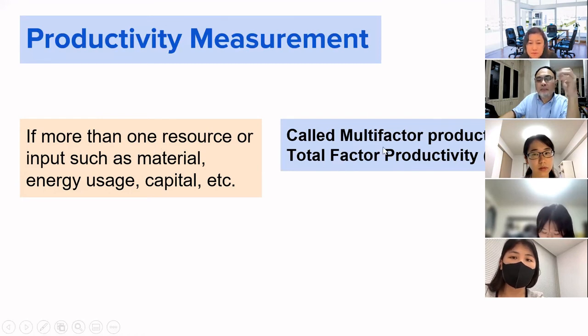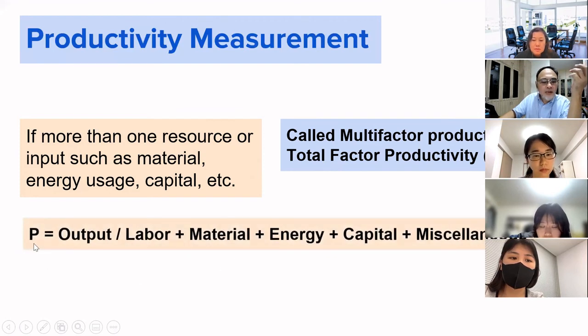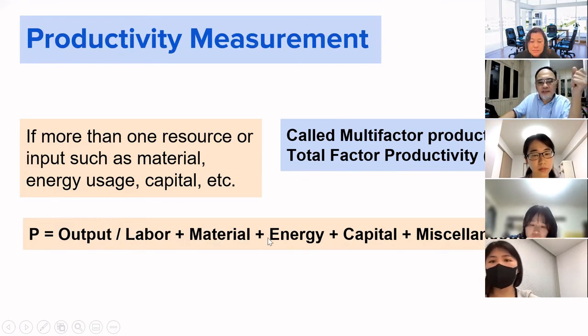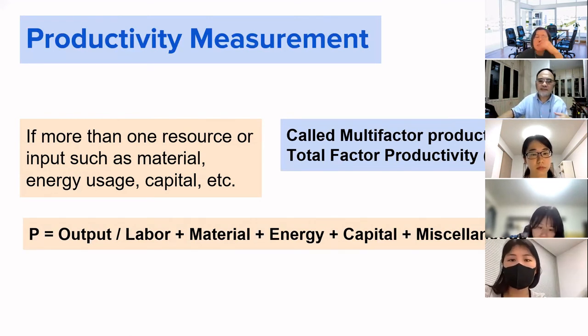We call that multi-factor productivity or total factor productivity. Output is the same, though maybe you have different outputs. Labor plus material plus energy plus capital plus miscellaneous, all the inputs must be added up together. Then only you have your productivity measure.